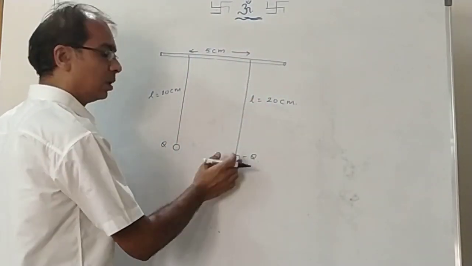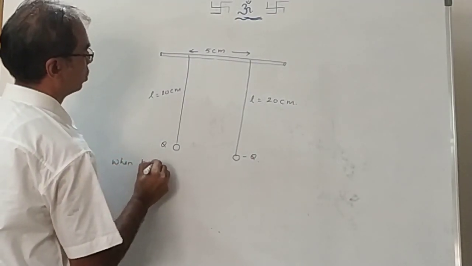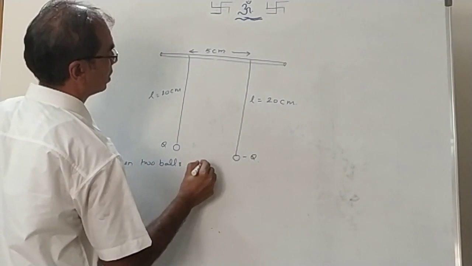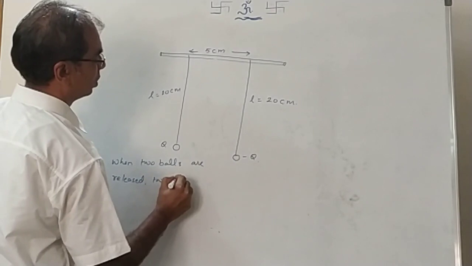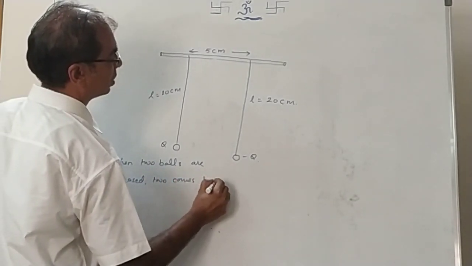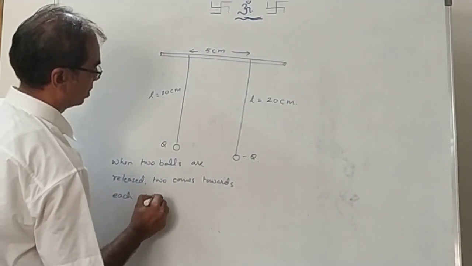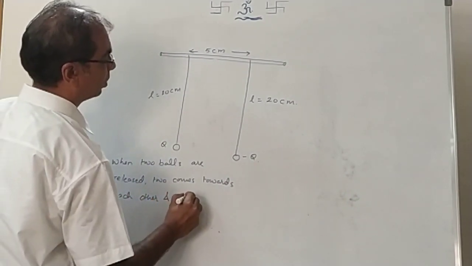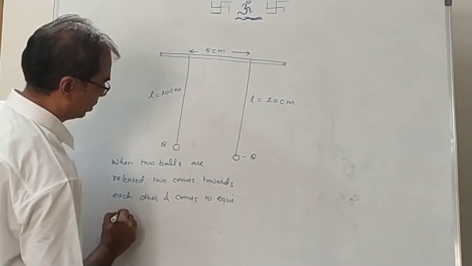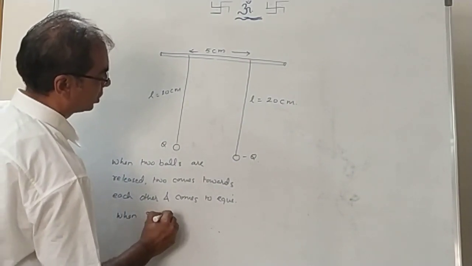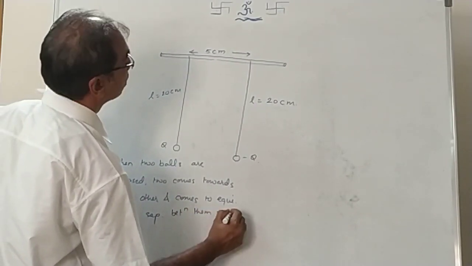What will happen between the two? Attraction. So the question says, when two balls are released, they come towards each other and come to equilibrium when the separation between them is 3 centimeter.